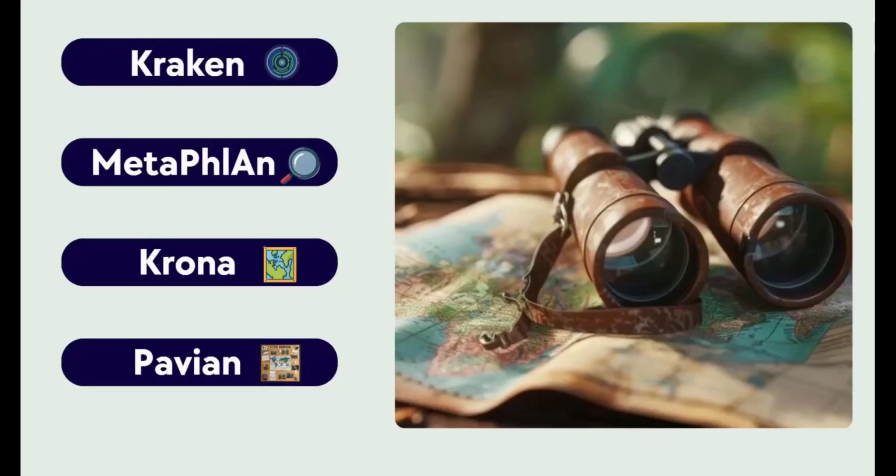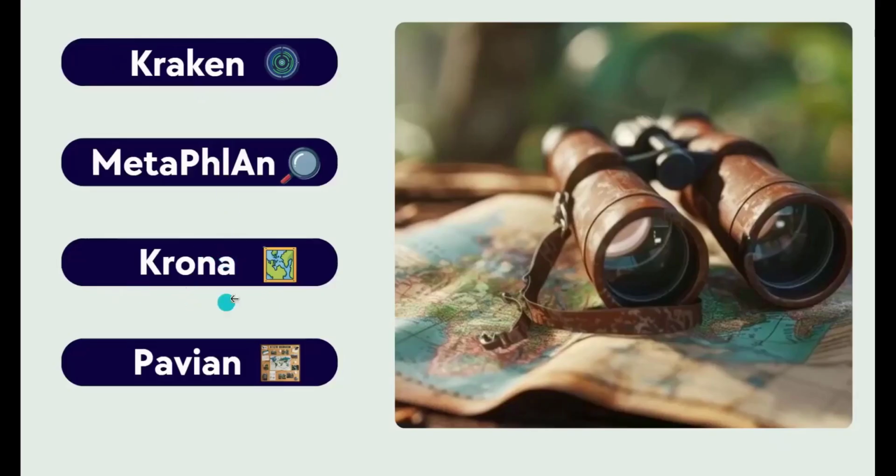On the opposite side, it is much slower and only finds a species it already knows. So MetaPhlAn is the exact opposite of Kraken. Kraken 2 is super fast but not that accurate, and MetaPhlAn is super accurate but much slower.